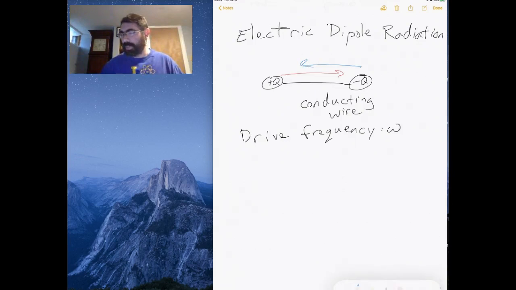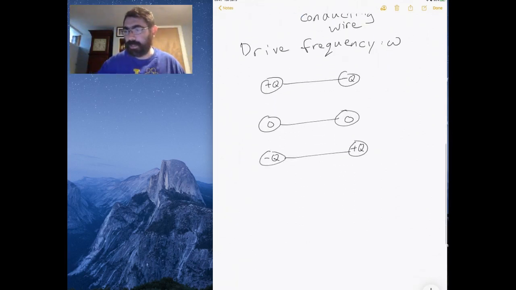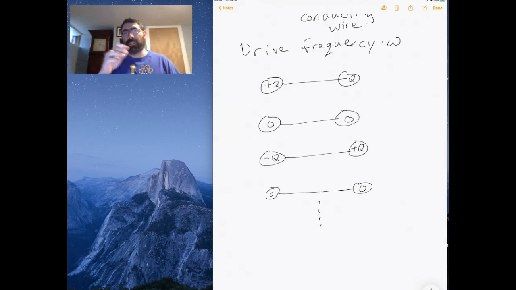So you end up with cases where you have positive charge here, negative charge here, then equal amounts, so 0 charge, and then negative charge over here, positive charge over here, 0 charge, and so forth. So I'm going to oscillate these charges back and forth between the two.